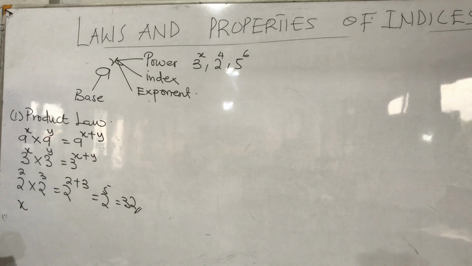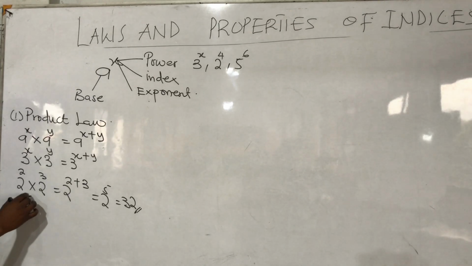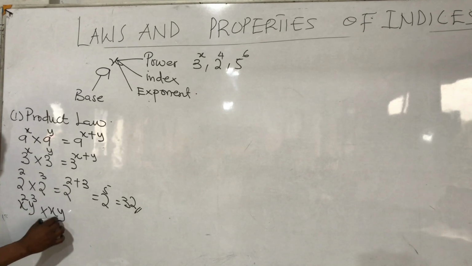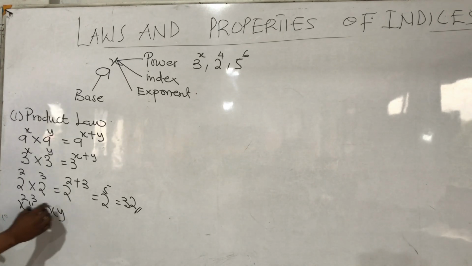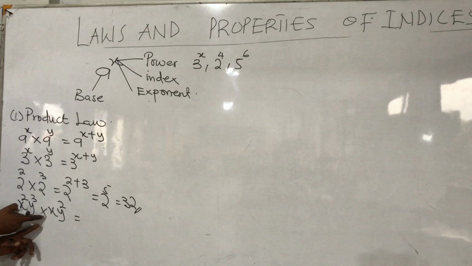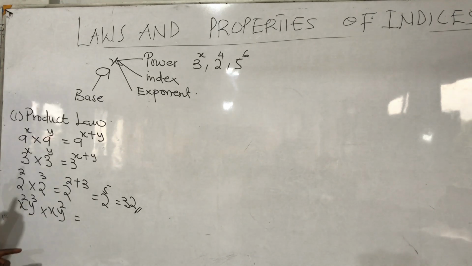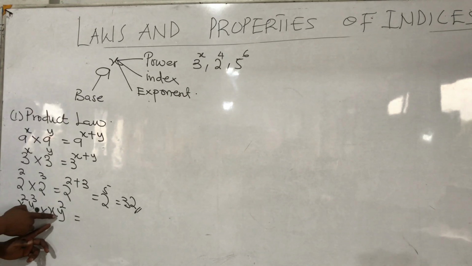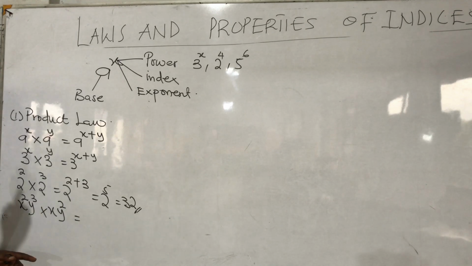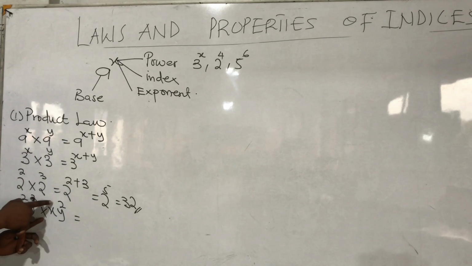Now let us also look at another example. If I have x raised to the power 2, y raised to the power 3 times x, y raised to the power 2. Now how do we multiply this? The x raised to the power 2 will multiply the x. And in indices, anytime we see a variable without any exponent, it means it's carrying an exponent 1.